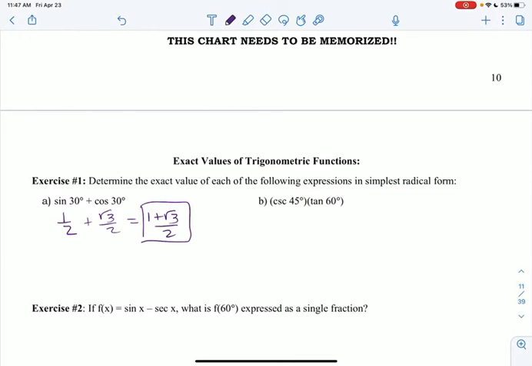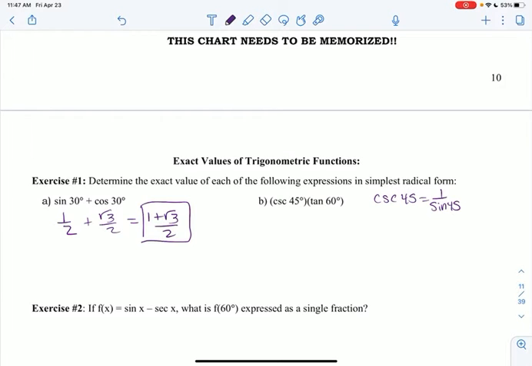All right, here's where it's going to get tricky. Cosecant of 45. Cosecant, remember, is the inverse of sine. So that equals 1 over sine of 45. So really all I have to do is take the sine of 45, which is radical 2 over 2, and flip it.